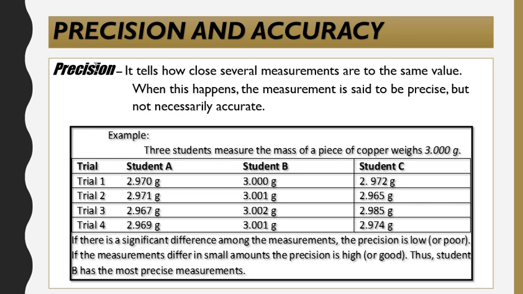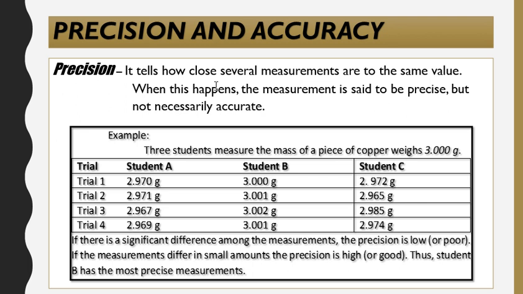Let's start with precision. Precision tells how close several measurements are to the same value. When this happens, the measurement is said to be precise but not necessarily accurate.